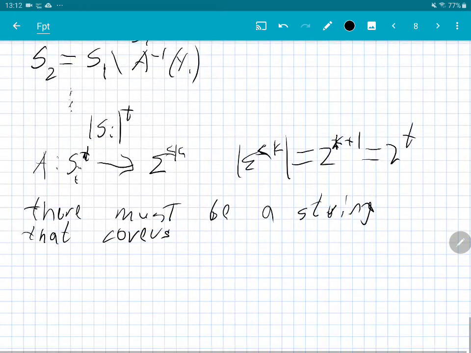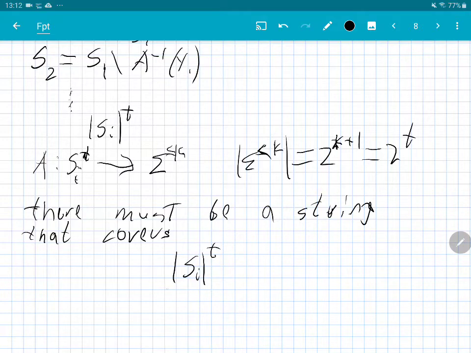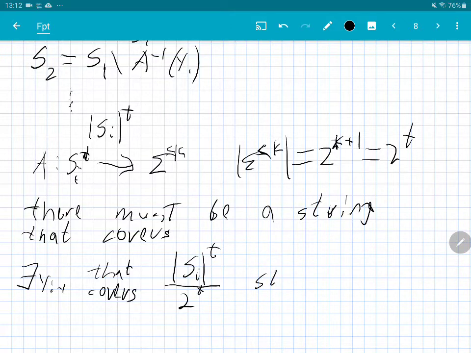How much does it cover? It covers at least, well, the number of tuples, as we said, is Si to the power t, right? This is the number of tuples, divided by the number of output strings of A, right? So this is, as we just said, 2 to the t, right? So there exists a string y_{i+1}, let's say, that covers at least this number of strings.